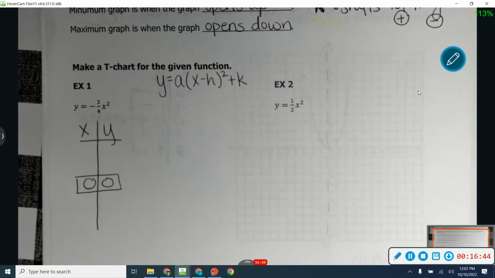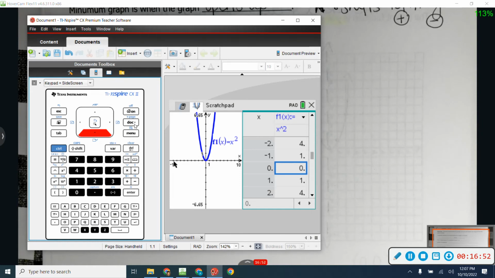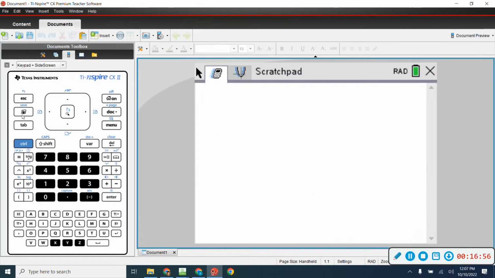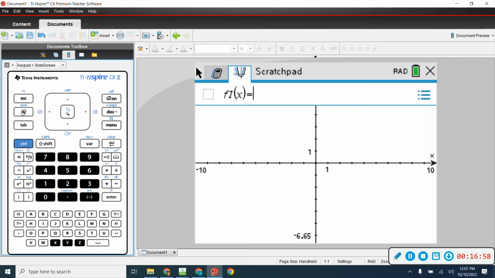But remember, we can't have fractions or decimals. Okay? So we're going to go back to our calculator. I clear it, doc B, that's the easiest to get rid of the current graph and to start a new one. So I'm going to do doc B, and then I'm going to type my negative. To get a fraction, if you don't already know, you do control divide.